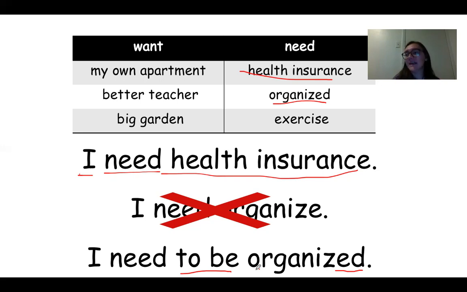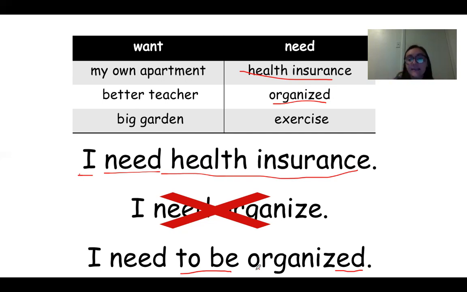If you were going to do something, you would say, I am organizing my house this weekend. I need to organize my car insurance papers. You would use it that way because you're using it as a verb.